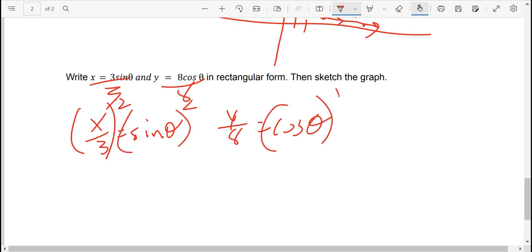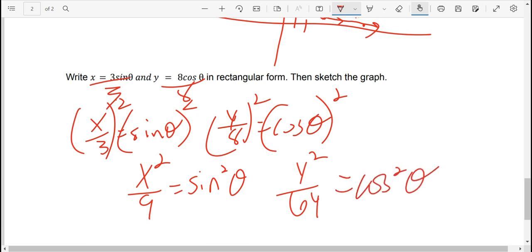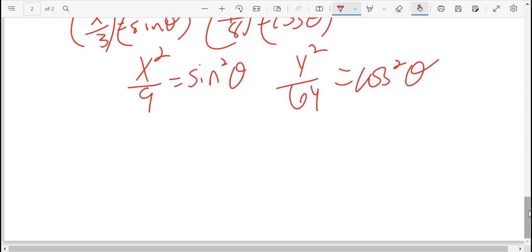So if we square both sides, we're going to get x squared over 9 equals sine squared theta, and y squared over 64 equals cosine squared theta. So let's add these terms together, because we can't just get theta by itself.